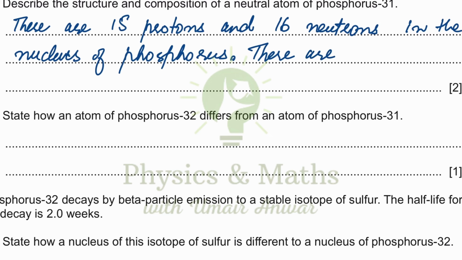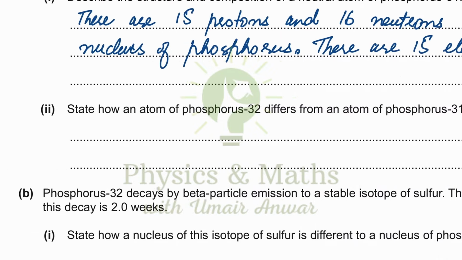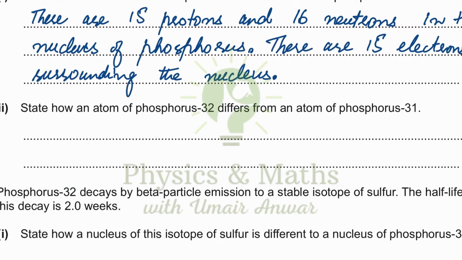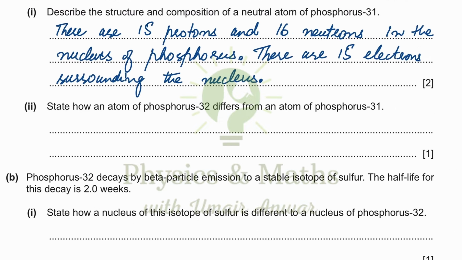There are 15 electrons surrounding the nucleus. Now, in these two sentences, we have described the composition and also the structure of the neutral atom of phosphorus-31.